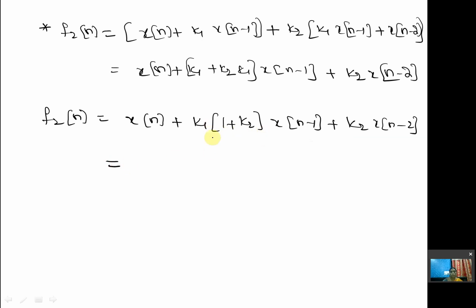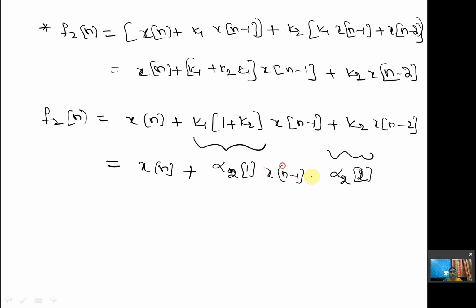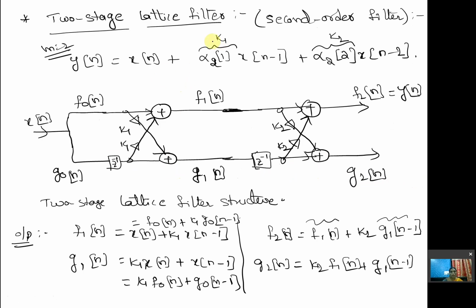Okay, right? So that means this is nothing but alpha 2 of 1, and this is nothing but alpha 2 of 2. Am I correct? So x of n plus x of n minus 1 plus x of n minus 2.